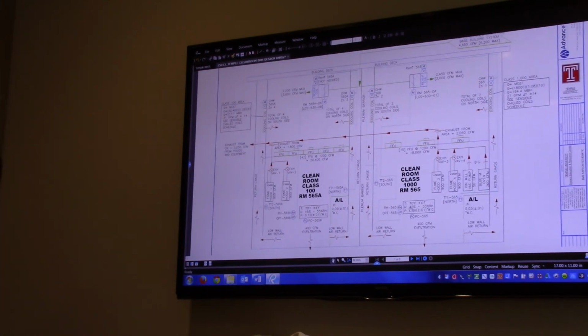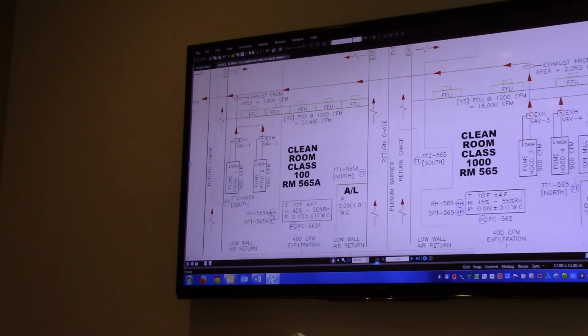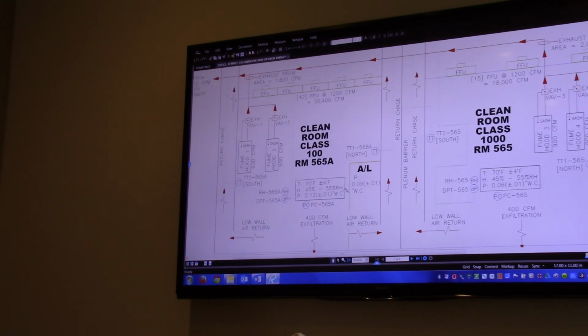In the class 1000 space, and again, it's adjustable, we're showing here 70-degree temperature, no less than 45% and no greater than 55% relative humidity, and the pressure relative to the ambient space, which is the corridor, at 0.06. And then the class 100 is basically the same temperature and humidity requirements, 70, 45 to 55, and then 0.12.